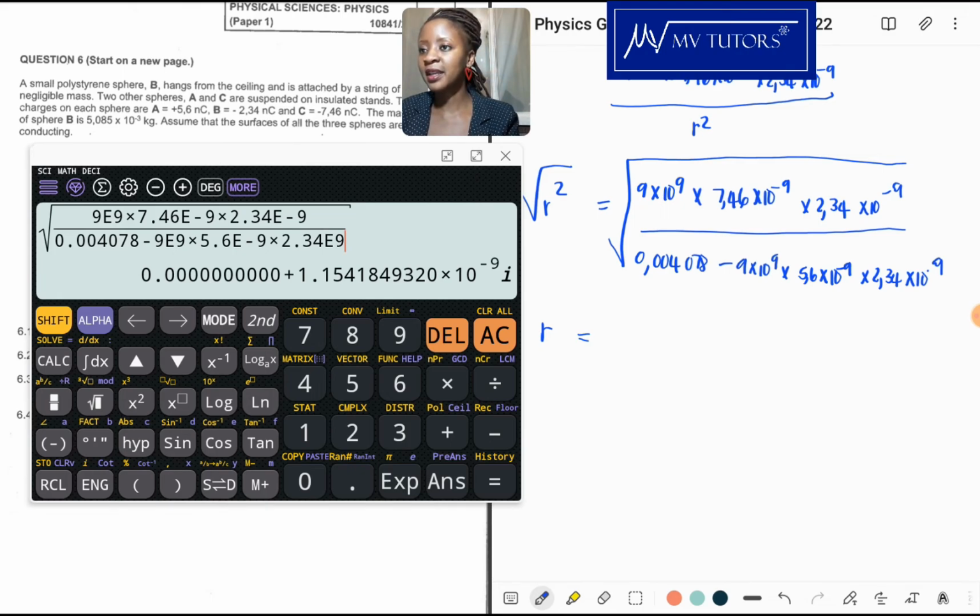Okay, we are getting wrong answers here. Oh, what did I do here? So 9 times 10 to the 9, 7,46, negative 9 times 2, negative 9, minus 9 times 10 to the 9 times 5,6 times 10 to the negative 9. This should be negative 9.